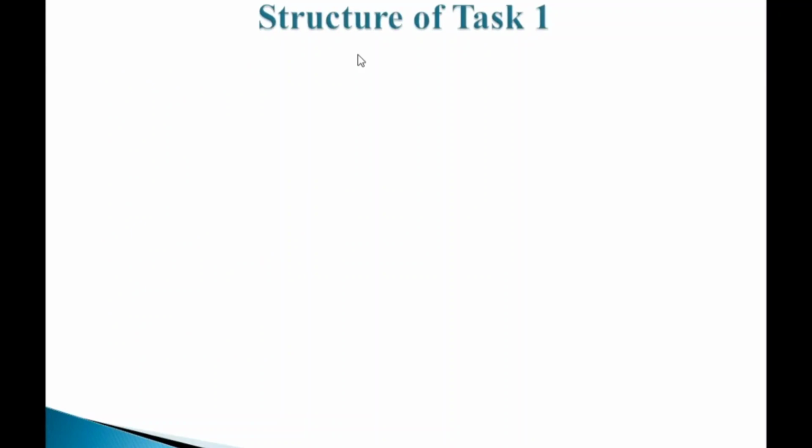So let's see the structure for the Task 1 report. First of all, you will write an introduction of one sentence, and in that one sentence you will do only paraphrasing as we do in Task 2, but there is no general answer. In Task 2 you wrote an introduction of 2 sentences, but here in Task 1 you will write an introduction of only one sentence, that is paraphrasing.